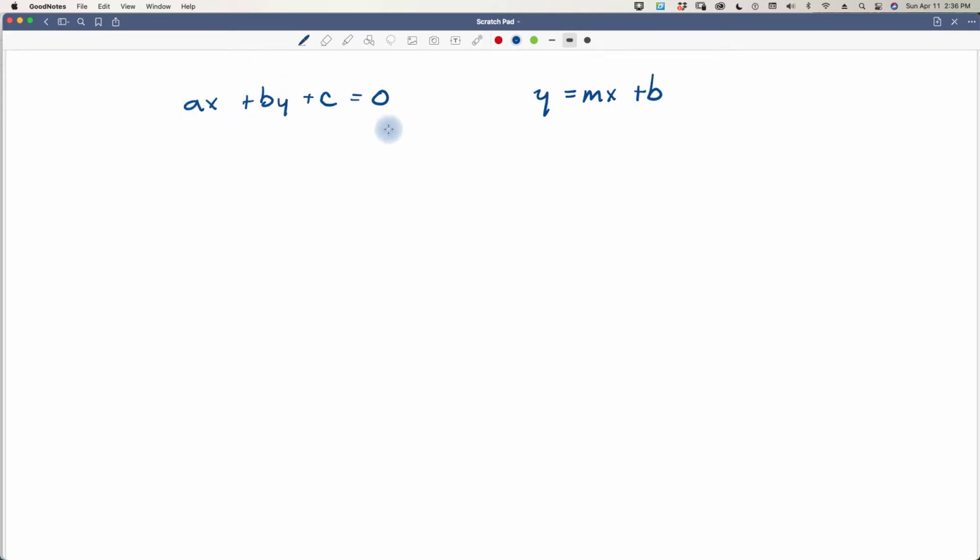We can rearrange that a little bit, and this tells us how to find our first point, our y-intercept point. From there we can look at the slope and draw our line by finding the next point, correct?